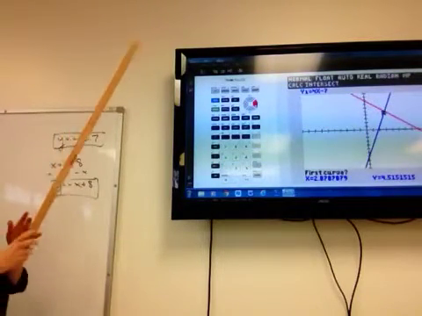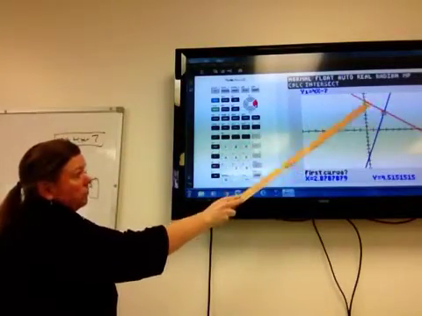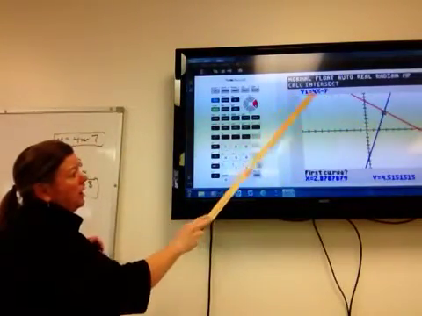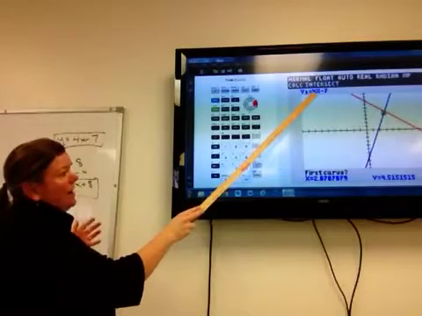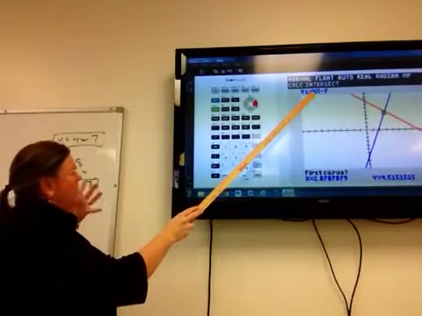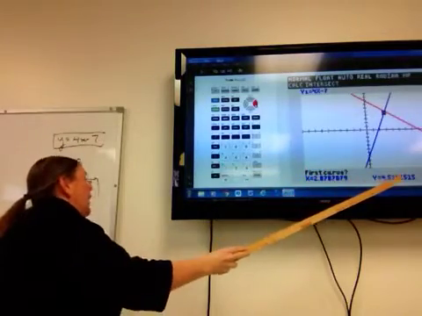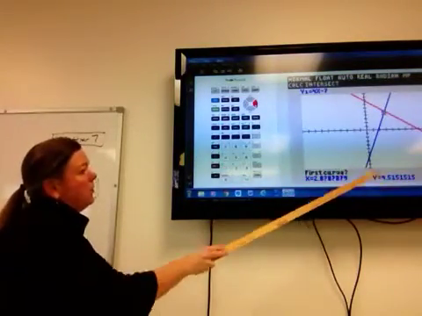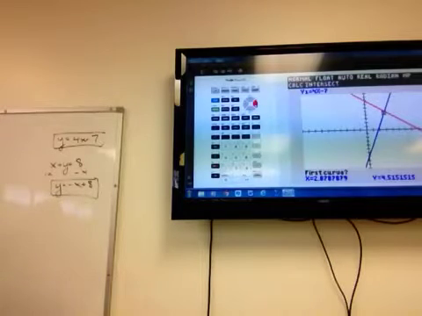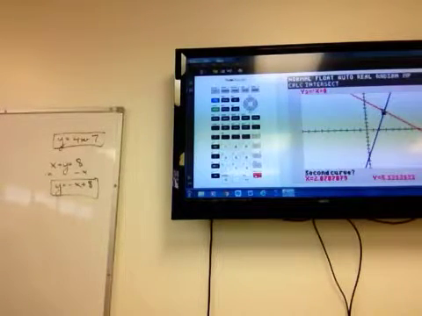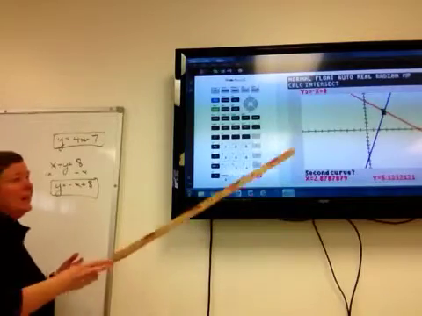Okay, so right now, my cursor is on the line 4x minus 7, and it's saying, this is where I think I am. This is the ordered pair where I think I am. Press enter. And the cursor jumps to the second line.